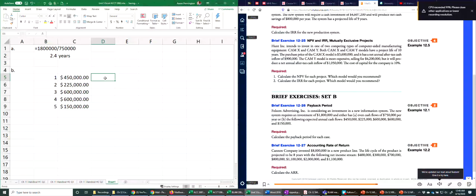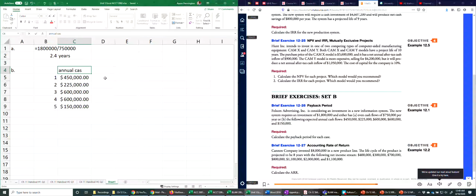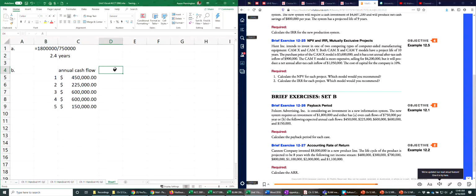Okay. So what we need to do is just take a running total of the cash flows. At the end of year 1, cash flows are $450,000.